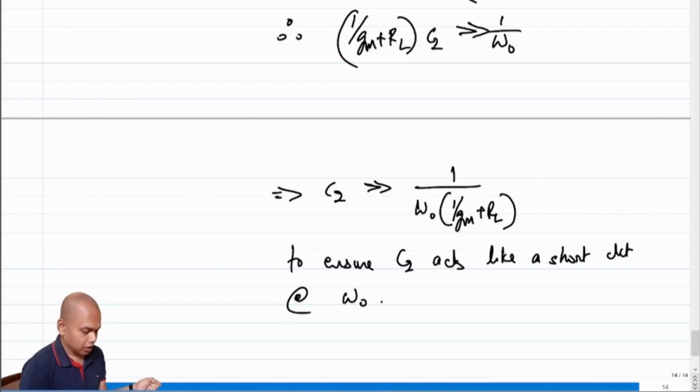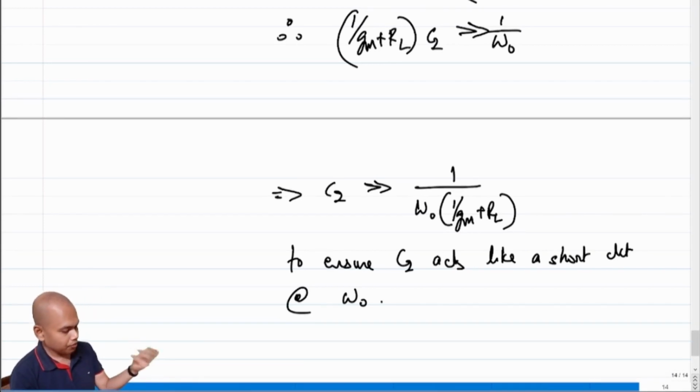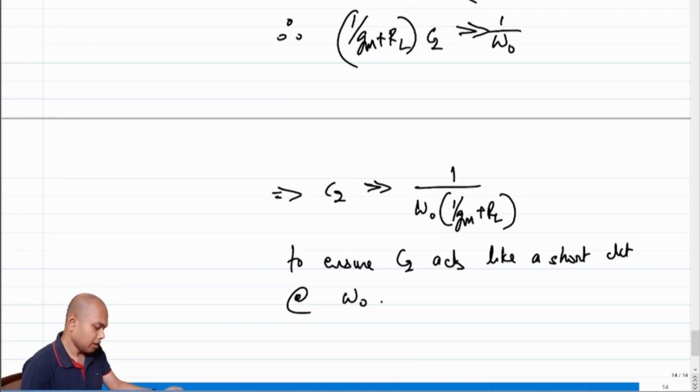So in today's lecture, what did we see? We analyzed the value of the capacitance required in a common source amplifier when the common source amplifier was biased using a constant current source connected to the source.